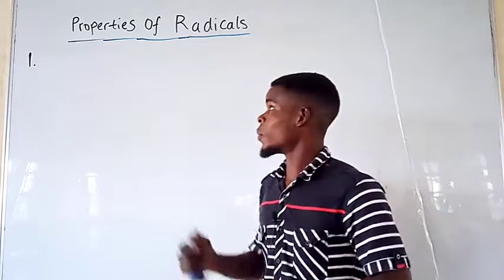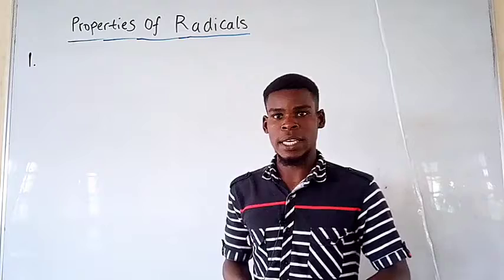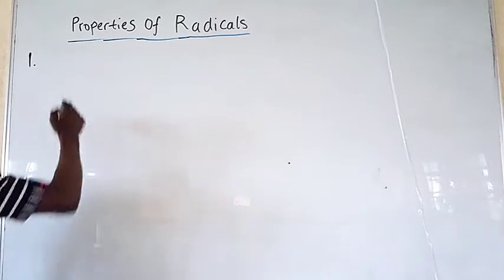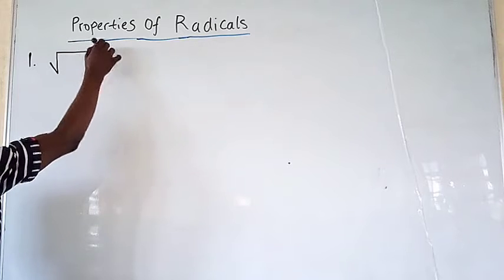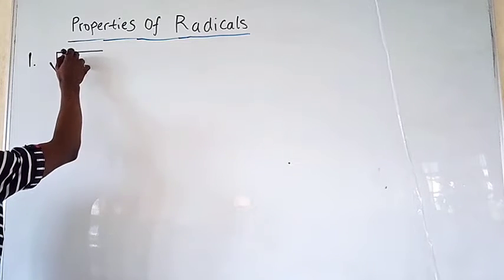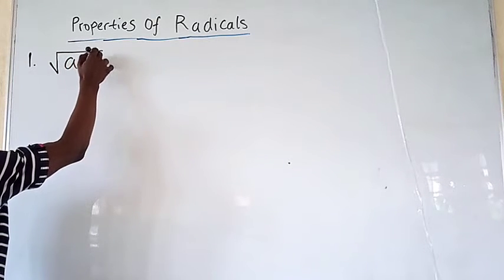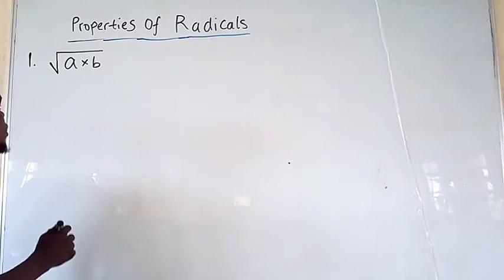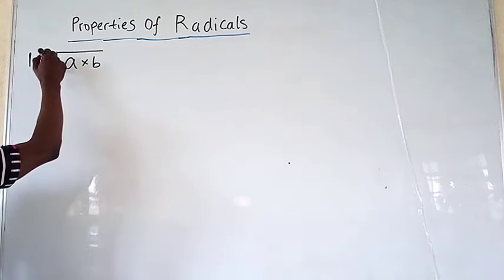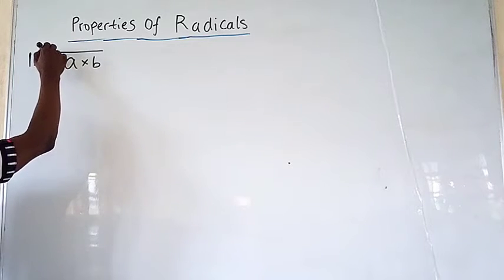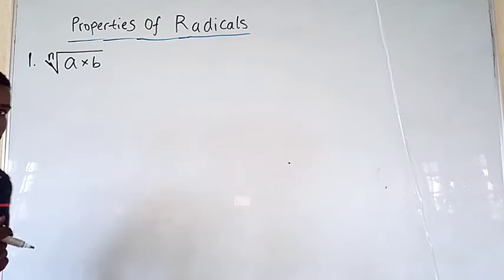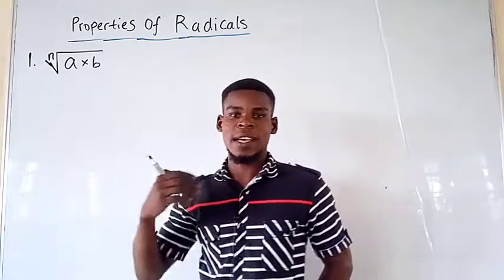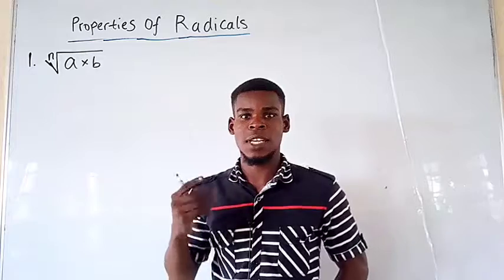Now in this video, I want to talk about the properties of radicals, okay? So I'll just put it down, the first one for you. When we have the nth root of two numbers being multiplied together, that is the product of two numbers. Let's make it very general. For us to take n as the index here, it must be a positive whole number greater than 1.